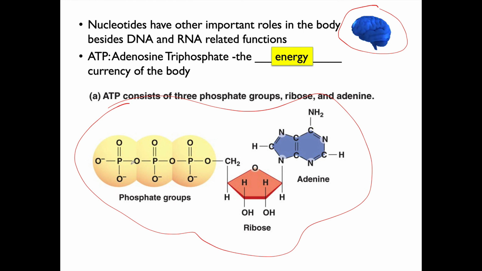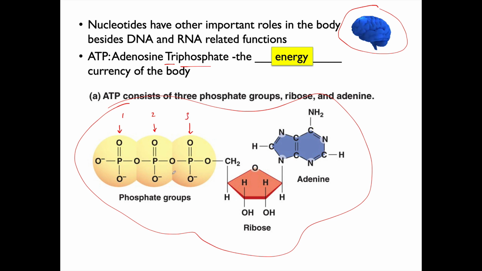But I also want you thinking of this thing as a battery, okay? Like your cell phone battery. We usually talk about having bars on our cell phone, right? And when you have full bars, you got them all. And then if you lose a couple bars, you have a whole lot less. Well, think of these phosphate groups here, these 3 phosphate groups, as your battery bars. So this is triphosphate. 1, 2, 3.